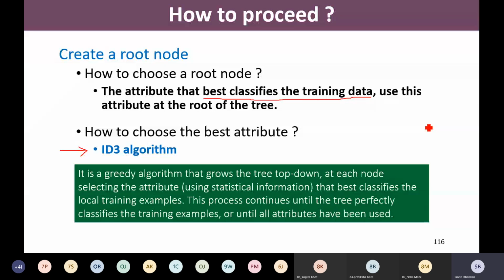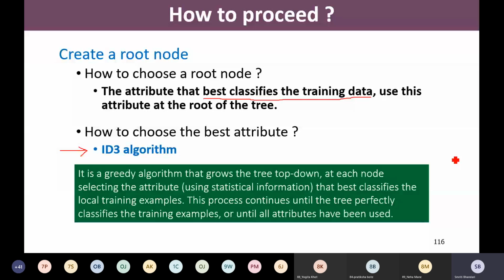This process continues until the tree perfectly classifies the training examples, or until all the attributes have been used. So repeatedly at every level of the tree, we compute some statistical data based on our training data set, and based on that statistical value, we decide which attribute is best suited as the decision attribute at that level.